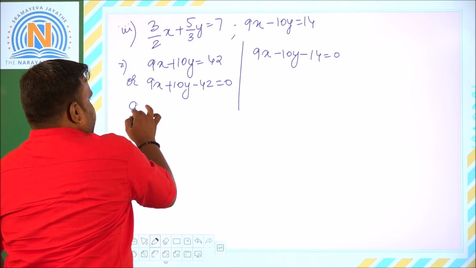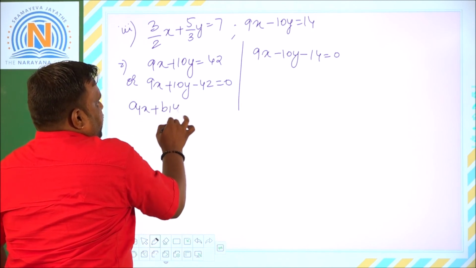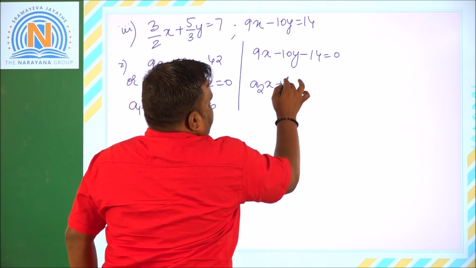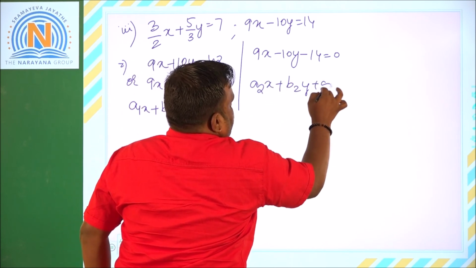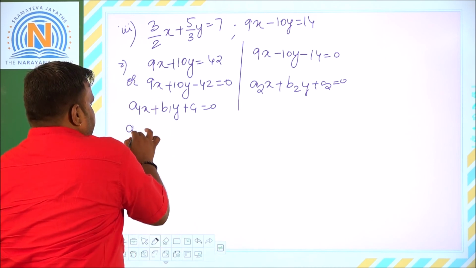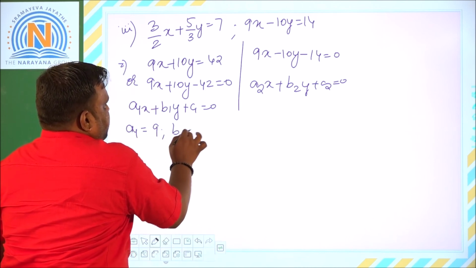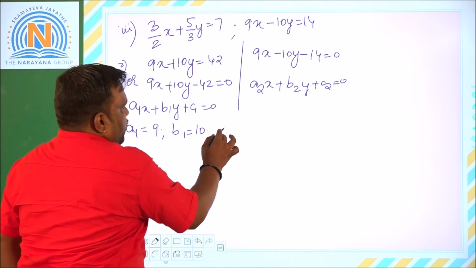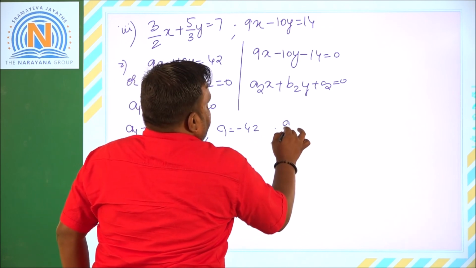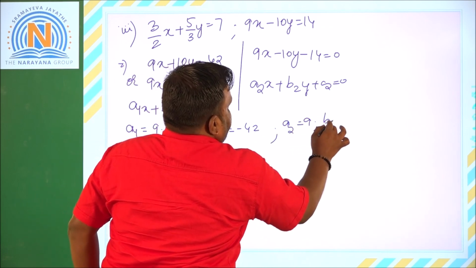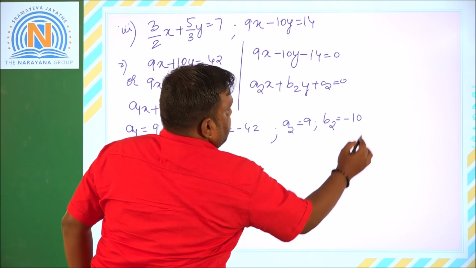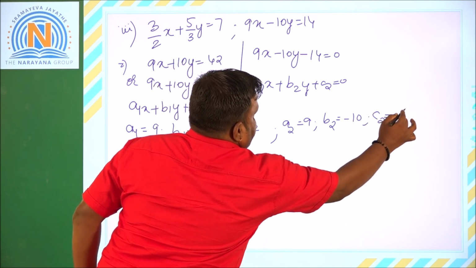Compare this equation with a1x plus b1y plus c1 is equal to 0, and the same here with a2x plus b2y plus c2 is equal to 0. On comparing, we can see a1 is equal to 9, b1 is equal to 10, and c1 is equal to minus 42. And here, a2 is equal to 9, b2 is equal to minus 10, and c2 is equal to minus 14.